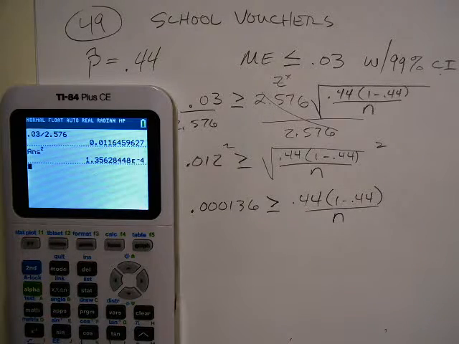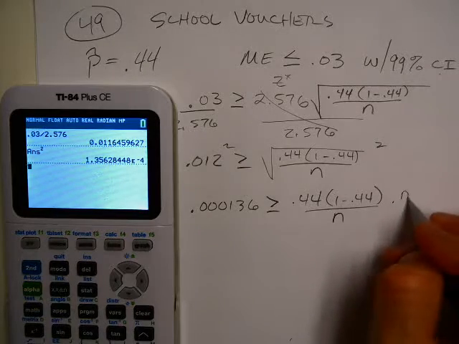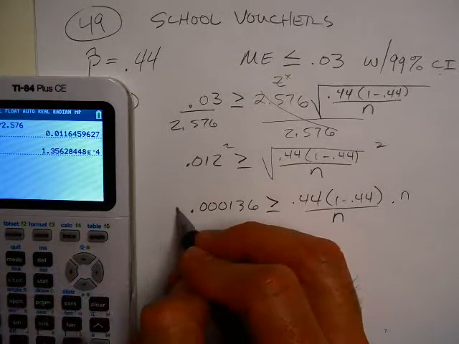All right. Now what? Multiply by n. Good. Let's multiply by n. Get that out of the denominator.